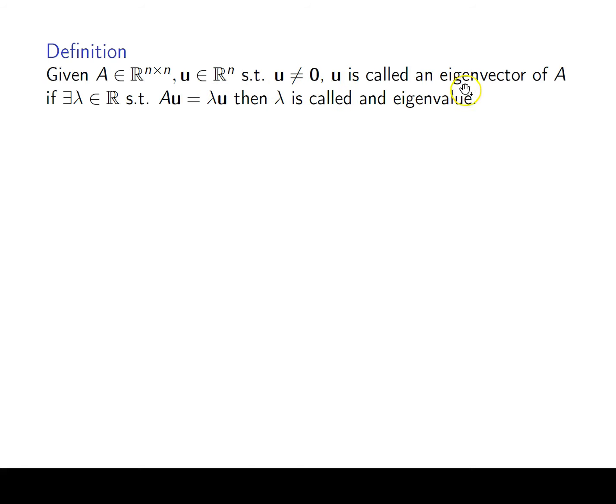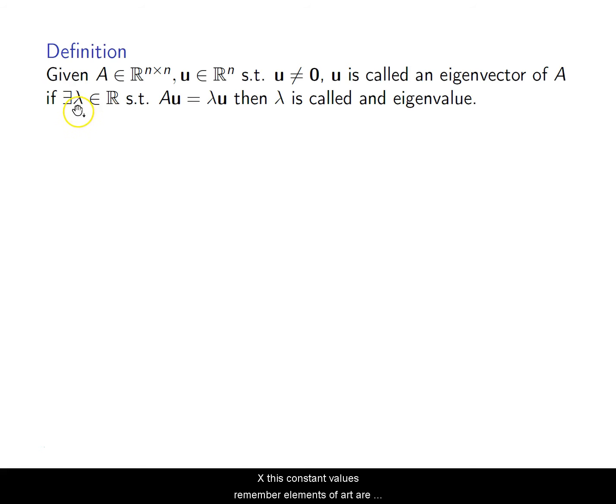We call U an eigenvector of our matrix A if this backwards E, which we've talked about before, means that there exists a value which we call lambda that is a real value, such that if I multiply A and U together, that n by n matrix times that n size vector, then we get out the same thing as if I were to multiply U times this constant value.